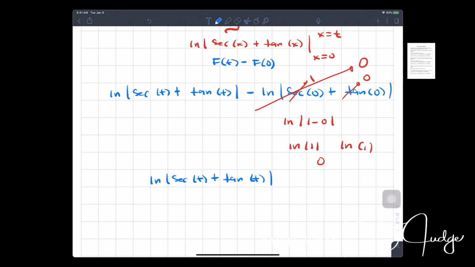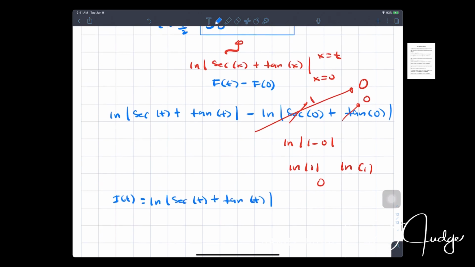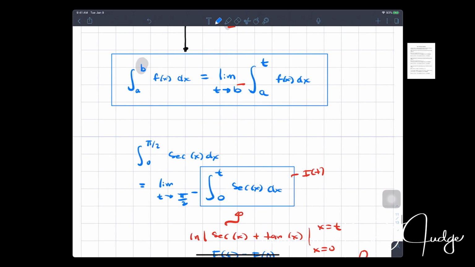Now, here's the I of t. What happens here is you go back and you say, what's the deal? We're going to have to evaluate the limit as t goes to pi over 2 from the left.